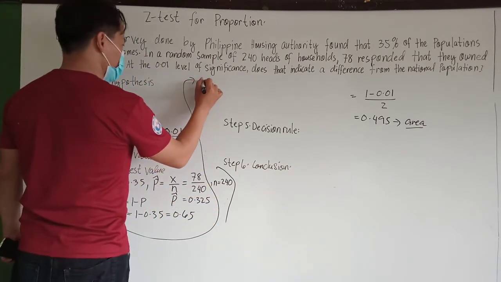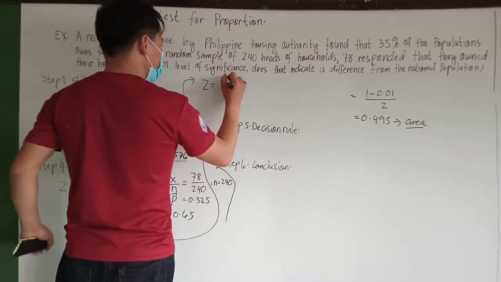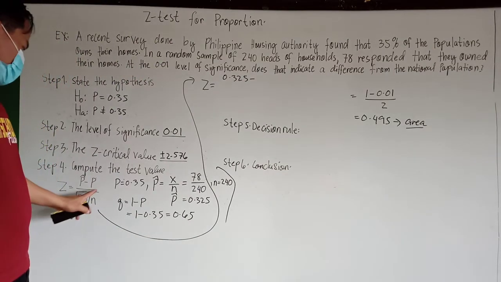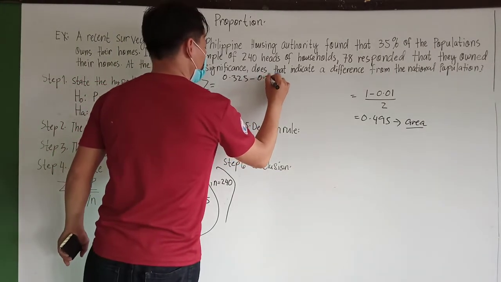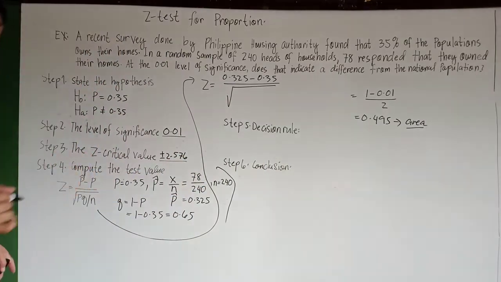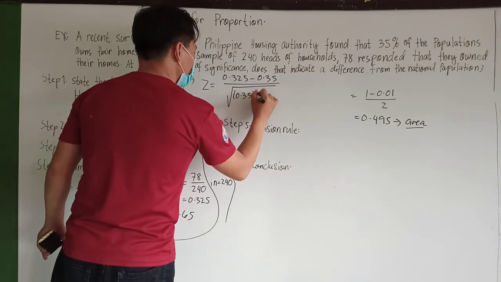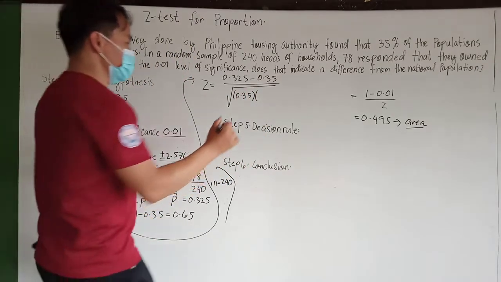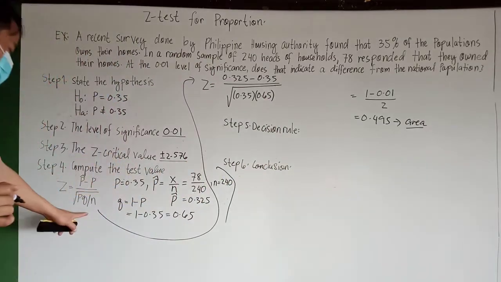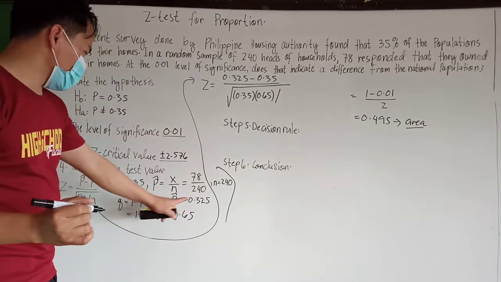We can have z equal to the value of p hat, that is 0.325, minus the value of p, we have 0.35, over the square root of p, the value of p is 0.35, multiplied by the value of q, which is 0.65, over n, we have our n is 240.